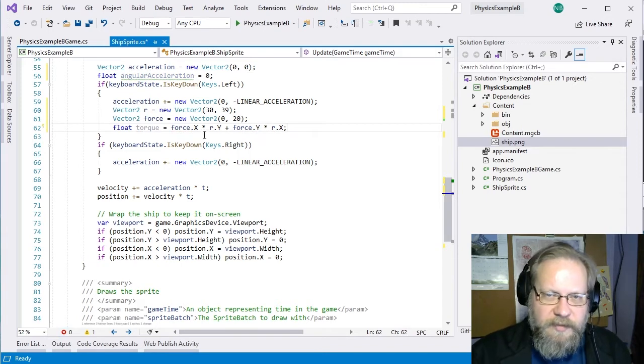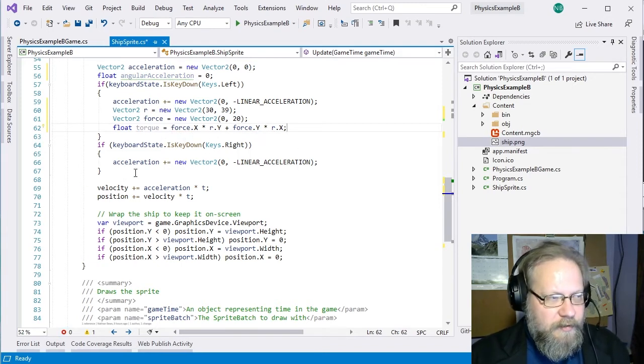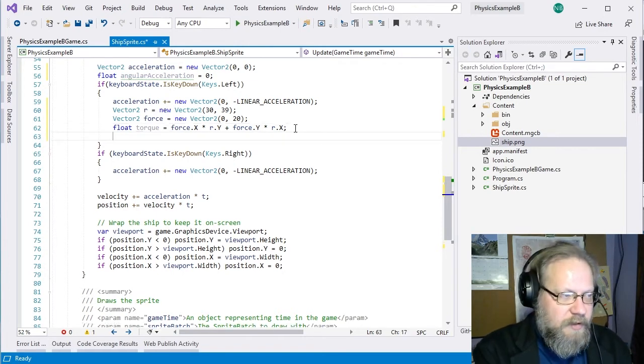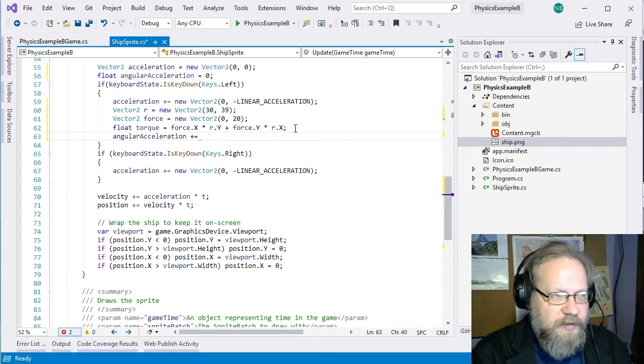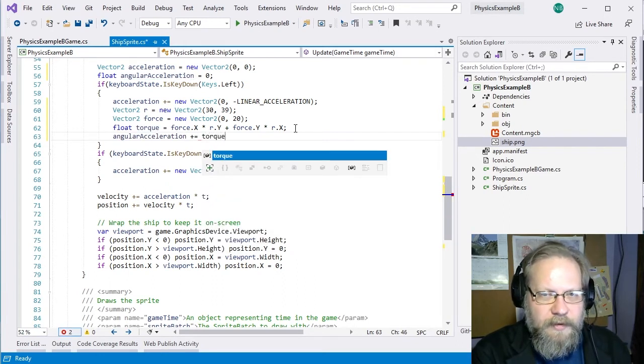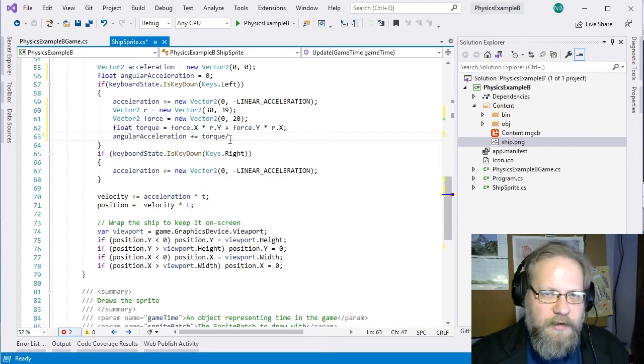And that's why it's called cross product, because we're crossing the components and multiplying them. And once we have that torque, we can say that our angular acceleration is going to increase by that amount of torque divided by the moment of inertia.